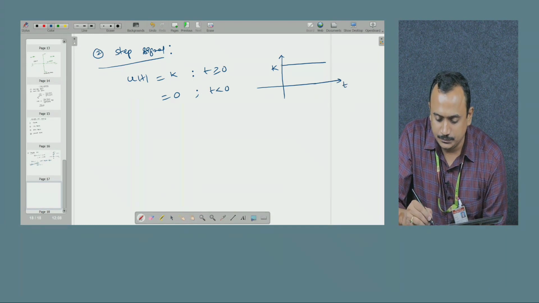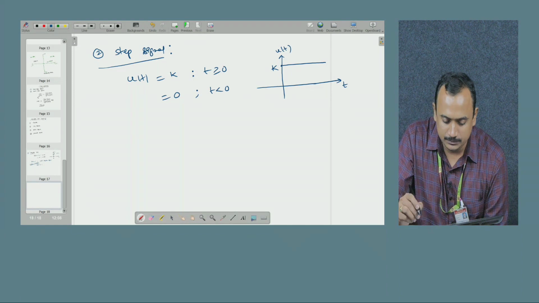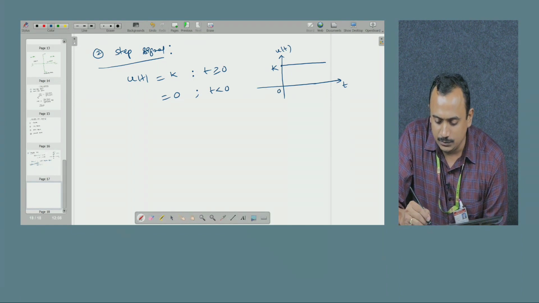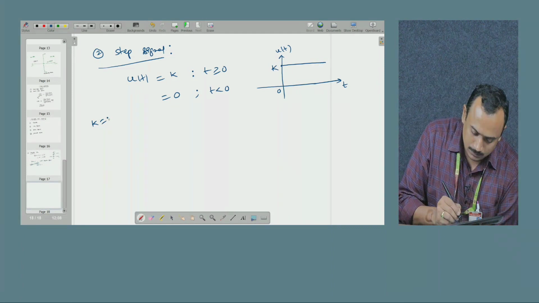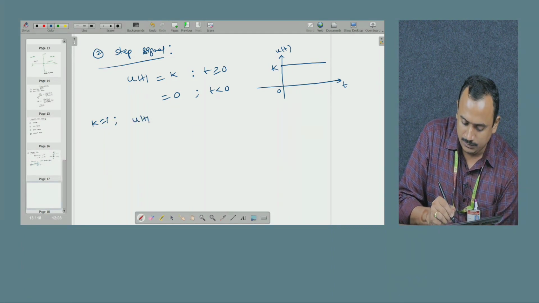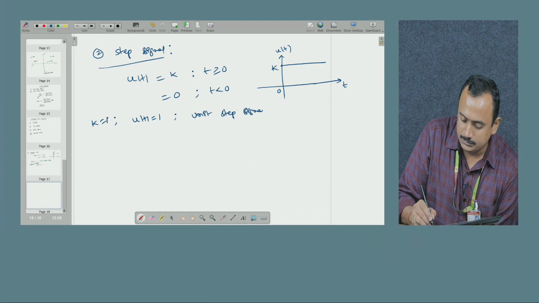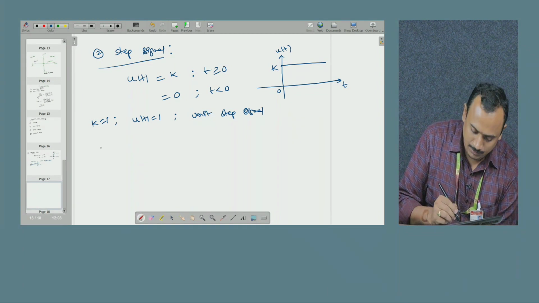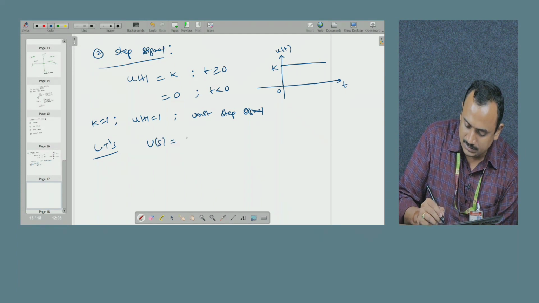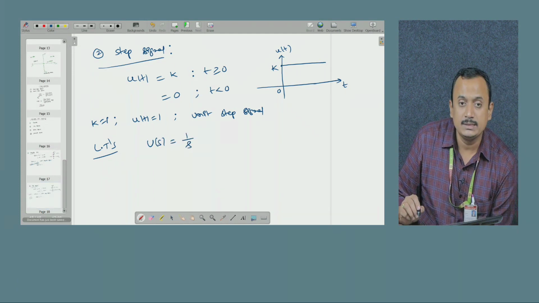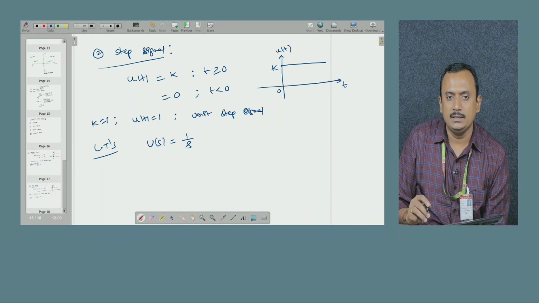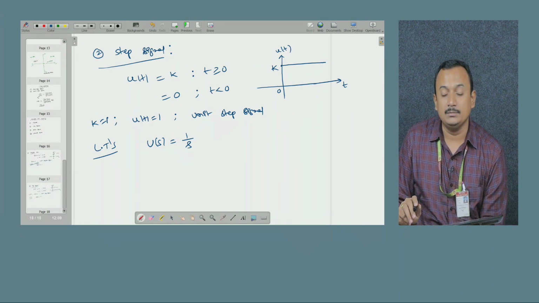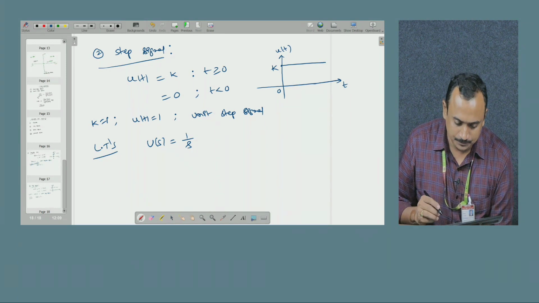This is t, this is u of t. As usual, if k is 1, then u of t becomes 1. So in this case, it is said to be a unit step signal, right? And if I find the Laplace transform, then u of s becomes 1 by s. If it is k, it is k by s. So this is fundamentals.